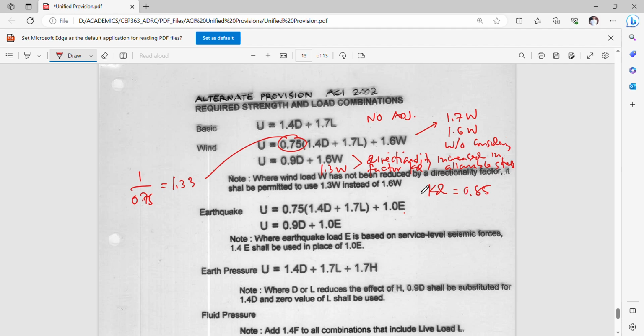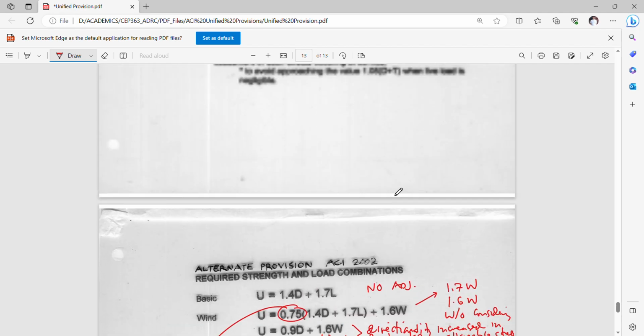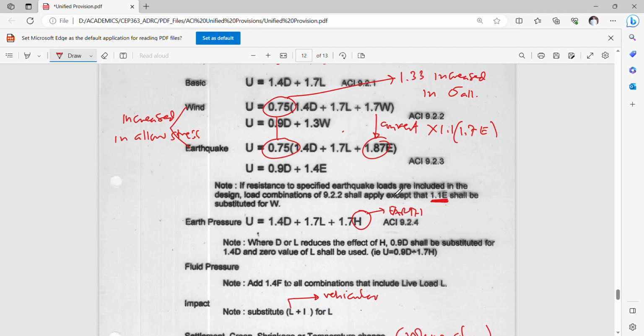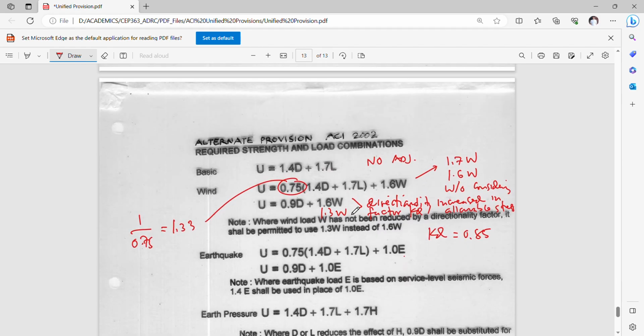Okay, so that's the danger. So where wind load has not been reduced by directionality, it shall be permitted to use 1.3W instead of 1.6W. Okay, so here this is 1.3W. So here it is 1.6W, if W has not been reduced by a directionality factor. Okay, so take note of that.